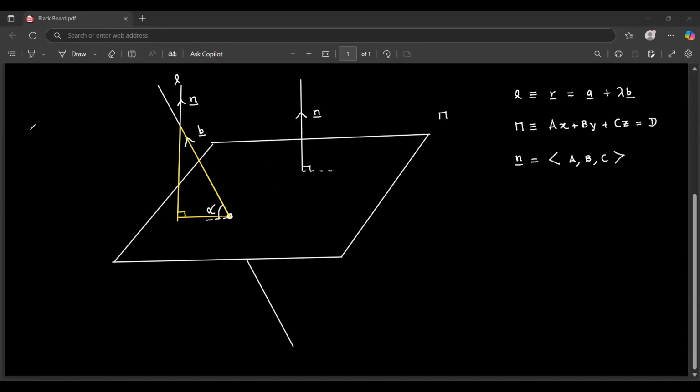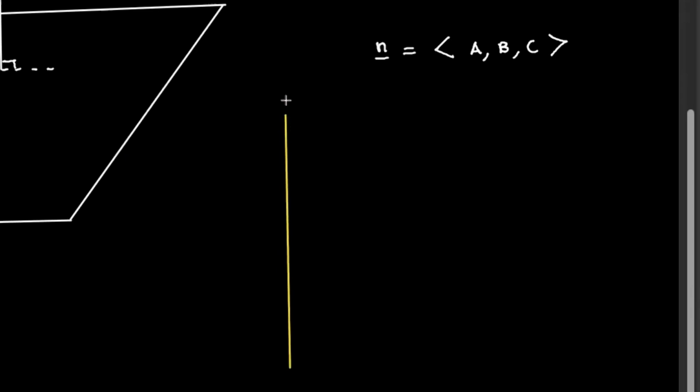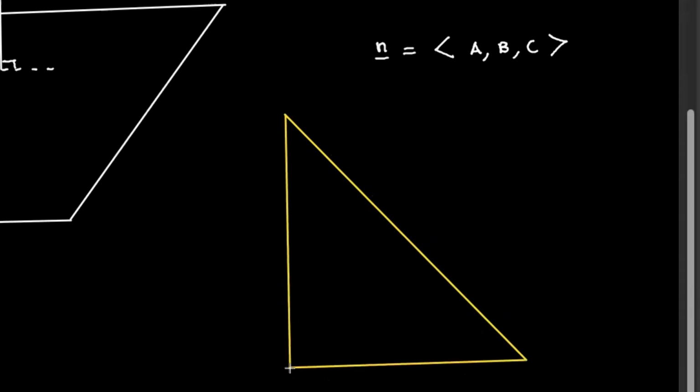If you look at this right angle triangle, the interesting thing is that the angle between the direction vector and the normal vector we can find. Let's say this is the normal vector, and this is the direction vector. This angle we can find. Let's say this is theta.